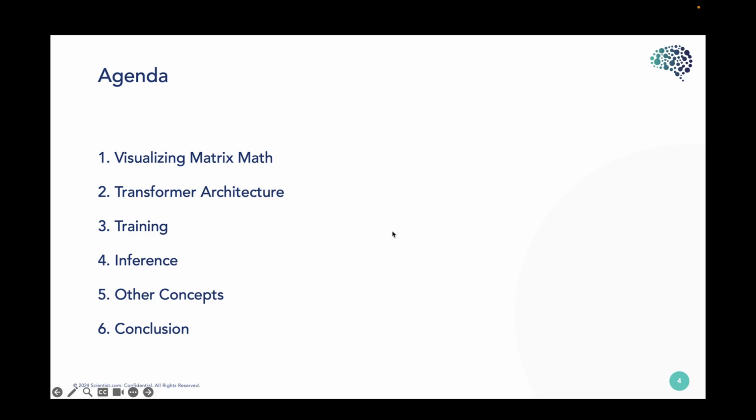We're going to spend 3 to 5 minutes on what that looks like. Then we're going to talk about the transformer architecture. We're going to spend, honestly, the bulk of the time going through an example of training the transformer. Then we're going to use the transformer for inference. We have a couple other concepts to round it all out, and then we'll conclude.